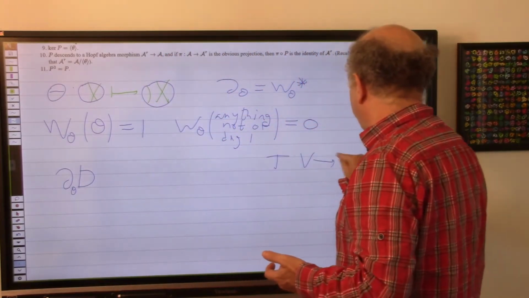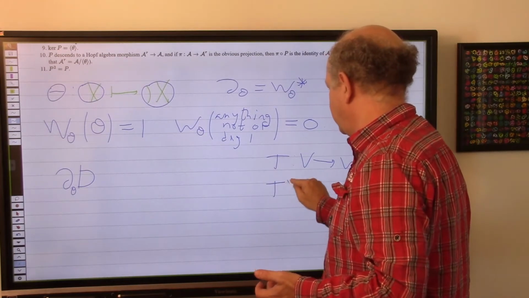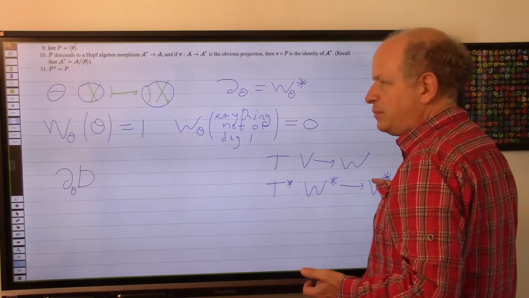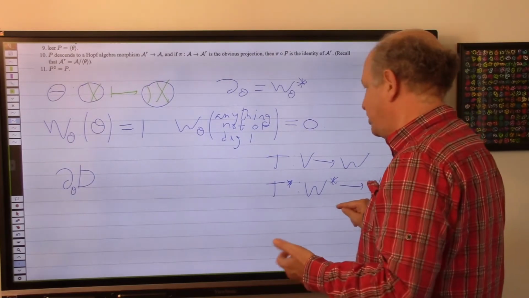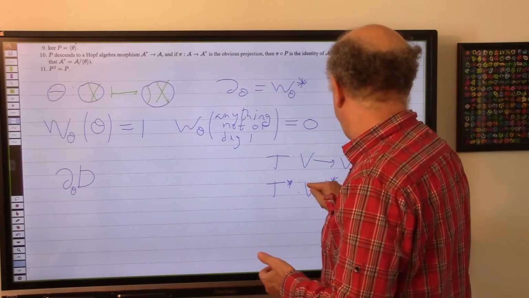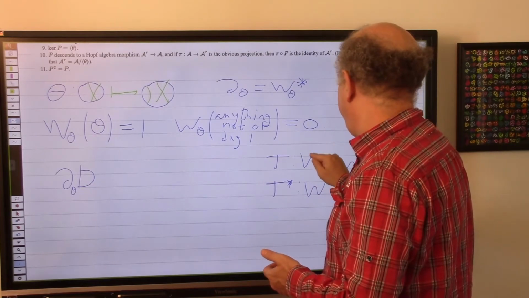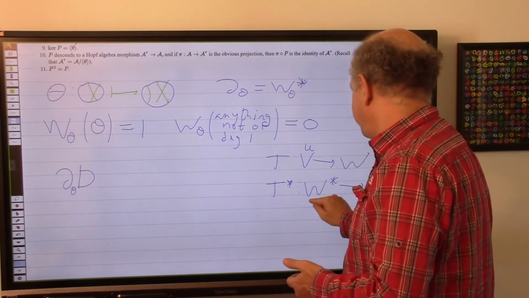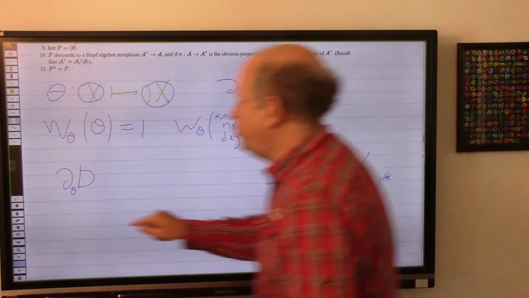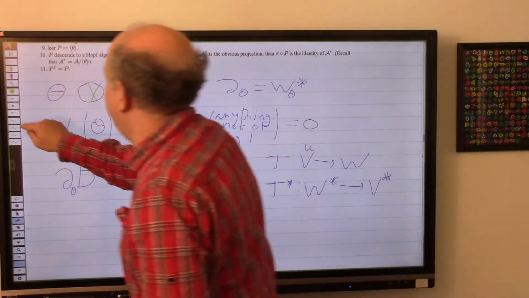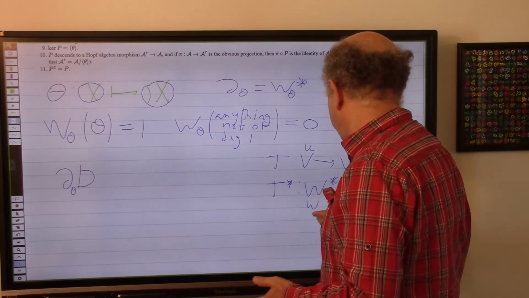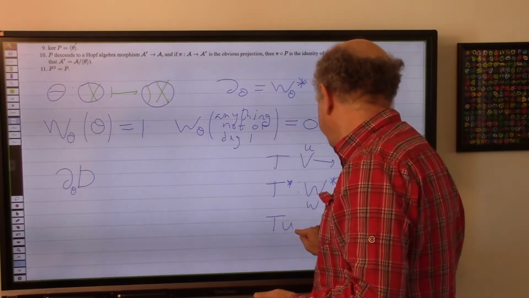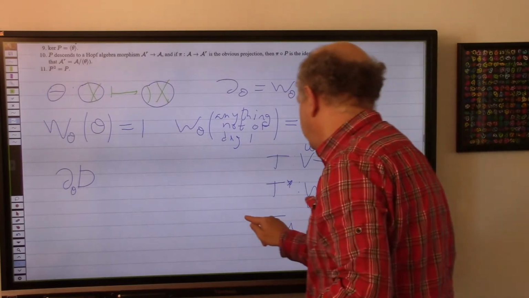So if you have T going from one vector space V to another W, then its adjoint, T dual, is going from W dual into V dual, and it is defined by the property that if you have a vector omega in W dual, using Greek letters for the dual, and a vector u in V, then Tu is in W, so it can be evaluated on omega.